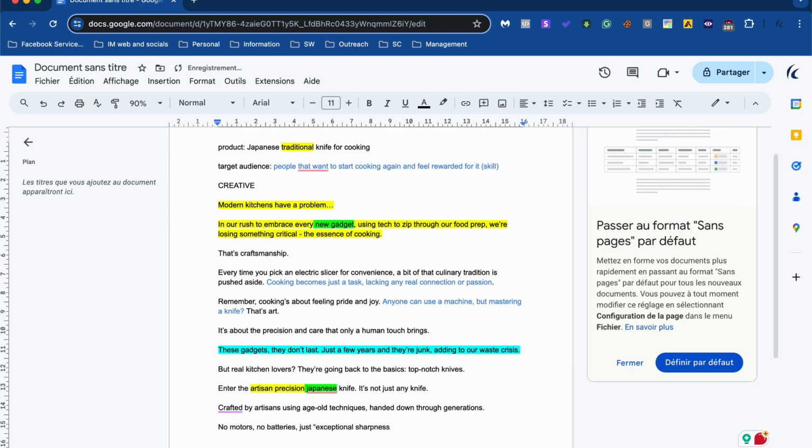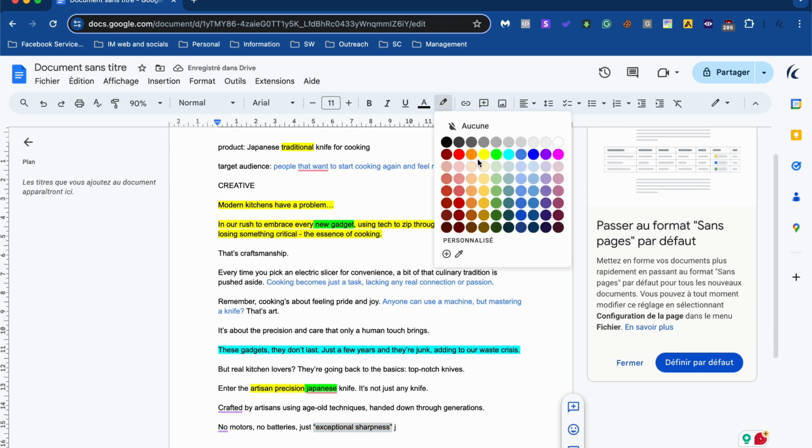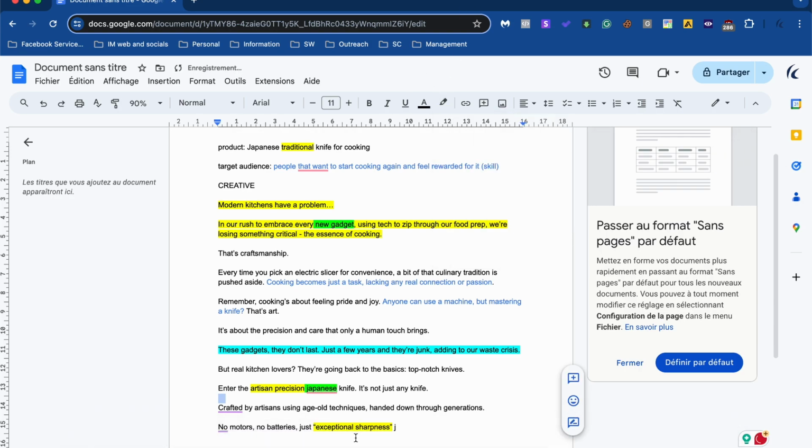sharpness. I use the brackets to suggest that it's taken from a review on the website, so for instance, you could get a 5-star review in the creative that's saying exceptional sharpness.